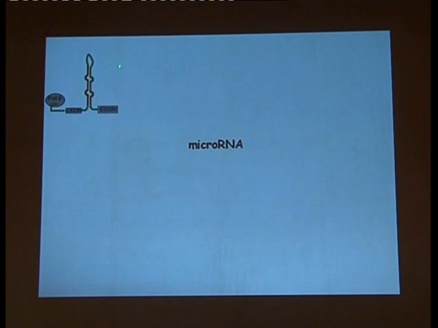This non-coding part gets processed by different cellular mechanisms and gives a particular structure, a hairpin loop structure with some bulges here and there, and a poly-A tail. It is known as primary microRNA, and this happens within the nucleus.